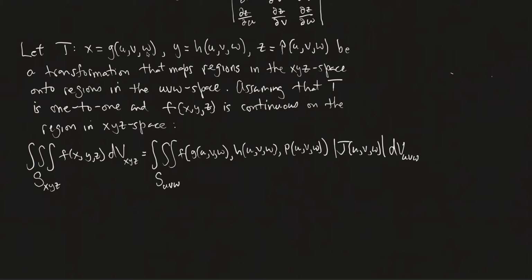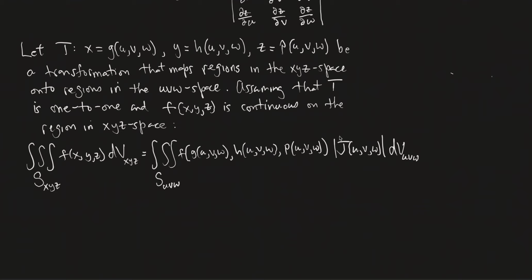So it's going to make the transformation between the two spaces. And again, we need the transformation to be one-to-one. That's a technical piece. We need the function that we're integrating to be continuous. But basically what we're going to do is replace all the x's with the g function, all the y's with the h function, and all the z's with the p function. So we're switching our function over in terms of u, v, and w.